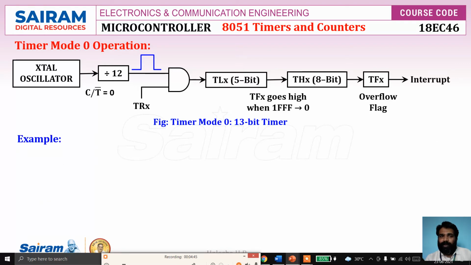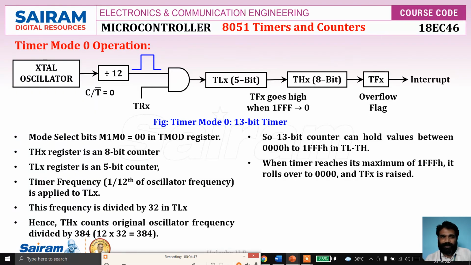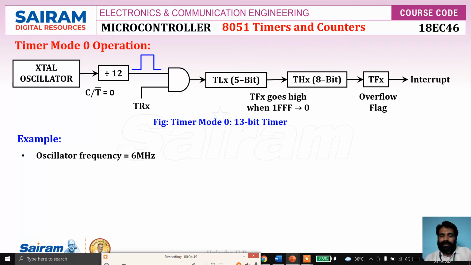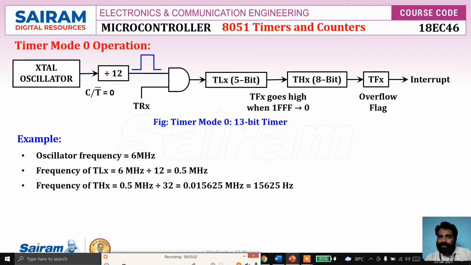For mode 1, first we'll consider one example. For a crystal or oscillator frequency of 6 megahertz, that is divided by 12, so the frequency of TLX is 0.5 megahertz. Again, the frequency for THX is 0.5 megahertz divided by 32.